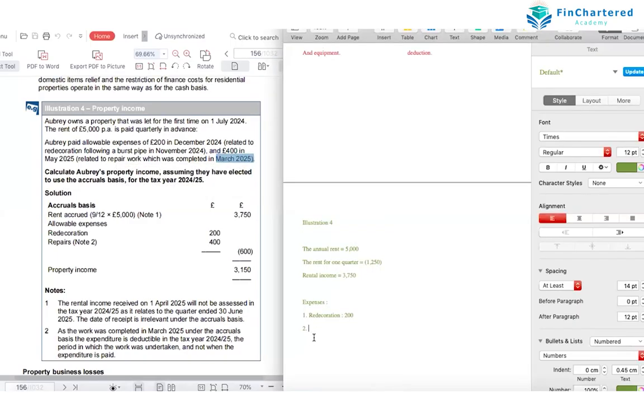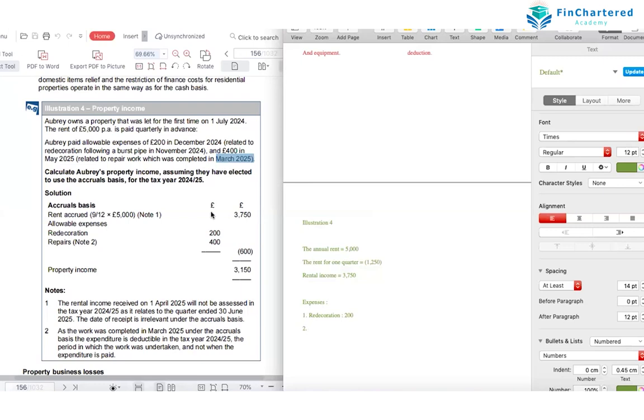So as per the accruals basis, we will take this into consideration. Last time in cash basis, we had ignored it because we will deduct it only when we pay the cash. But in accruals basis, we are worried about when it is incurred, not when the cash is paid.